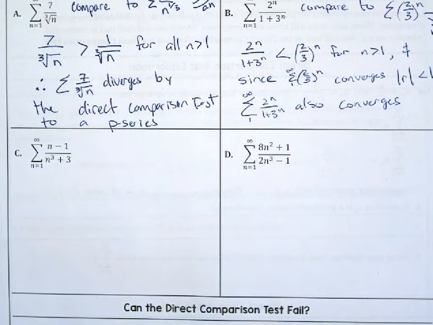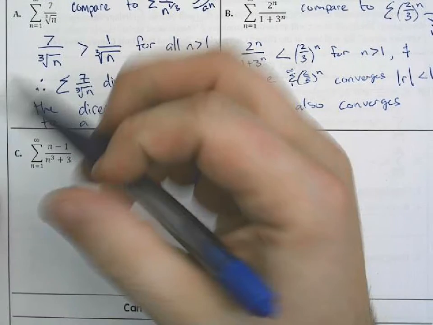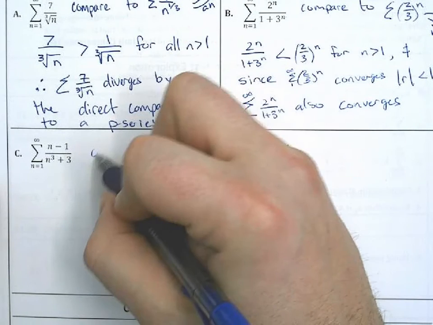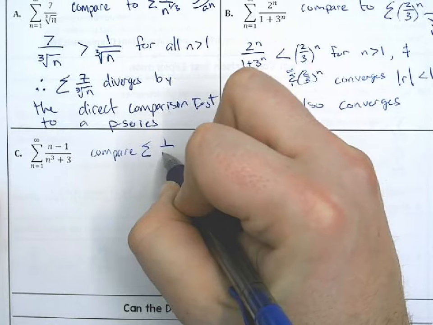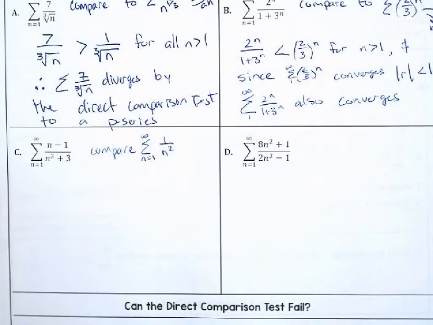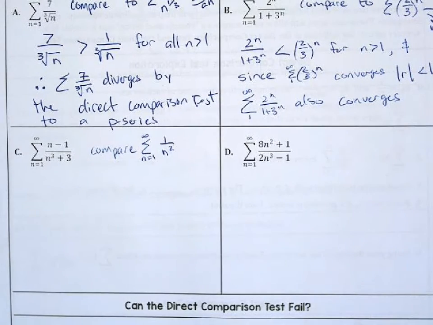When we're looking at these polynomial functions, we want to compare it to the total degree of the function. So I would compare this to 1 over n squared. Why is the total degree 1 over n squared? Because I have an n over n cubed, that is 1 over n squared.